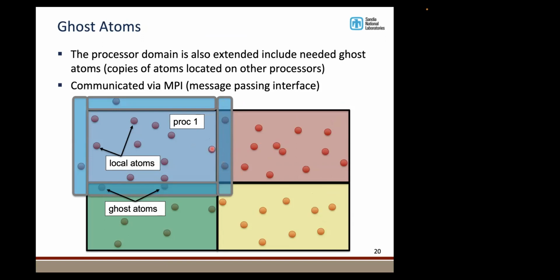We also have to communicate when an atom migrates from one processor to another, but that only happens when the neighbor list is updated, so that's not as often as we have to communicate the positions of the atoms. And then if we have our Newton flag on, we have to reverse communicate the forces back and sum those back onto the owned atoms.